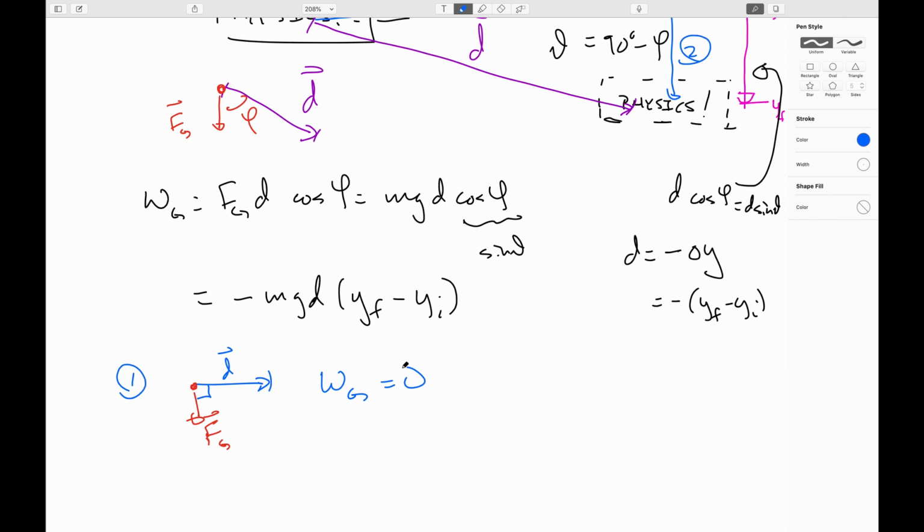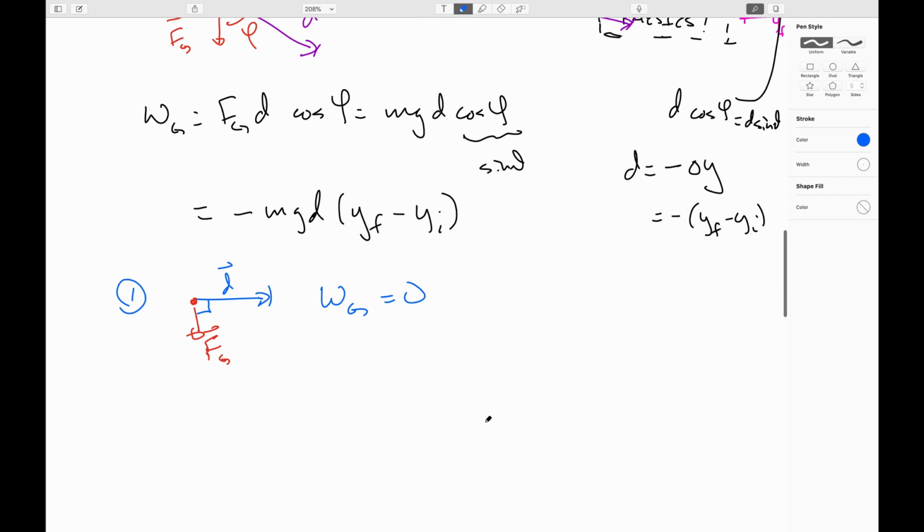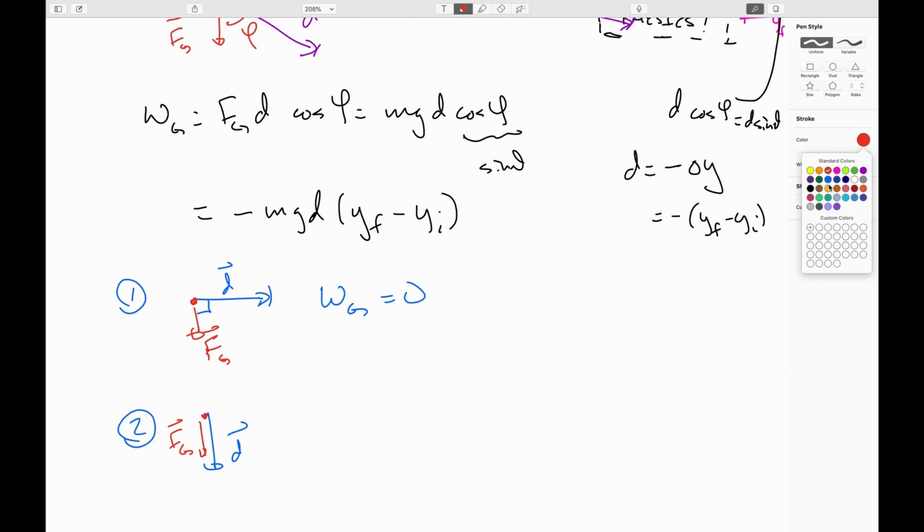So the only other leg we've got is leg 2 here, where the displacement is straight down, and so is gravity. So here, the angle between those two vectors is 0.